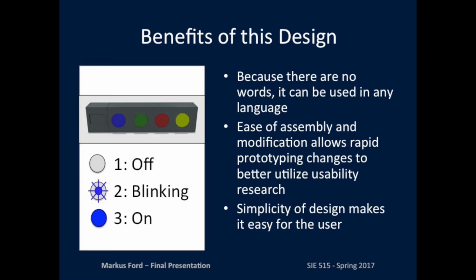So this means that we can do a lot of prototyping, and we can also come up with some new approaches and maybe even some customizations for individual users. This simplicity of design, this capability to rapidly prototype and bring different variations to market, means that the user gets a very simple, easy to use interface that's incredibly powerful.